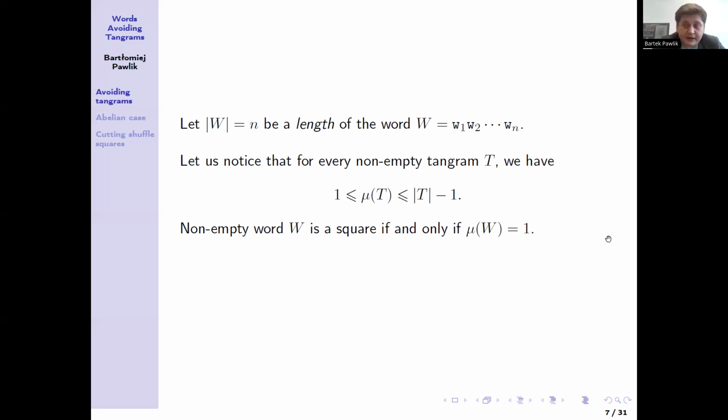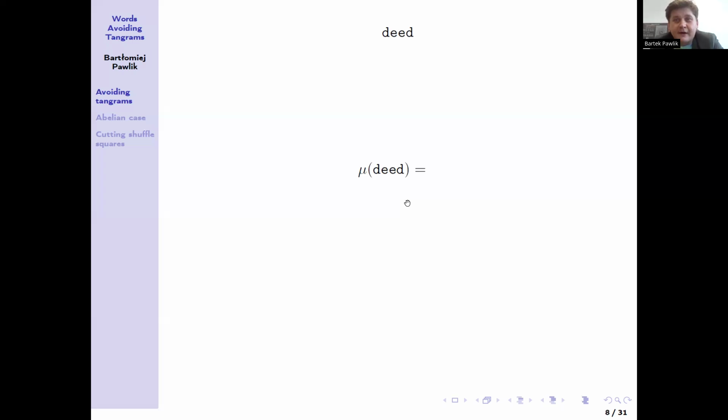On the other hand, the cut number cannot exceed the length of the tangram, and in the worst case scenario, it is cutting the whole tangram into one letter pieces and then forming squares out of them. By the way, this inequality should be strict, but that's not so important. Okay, so we know how the squares work.